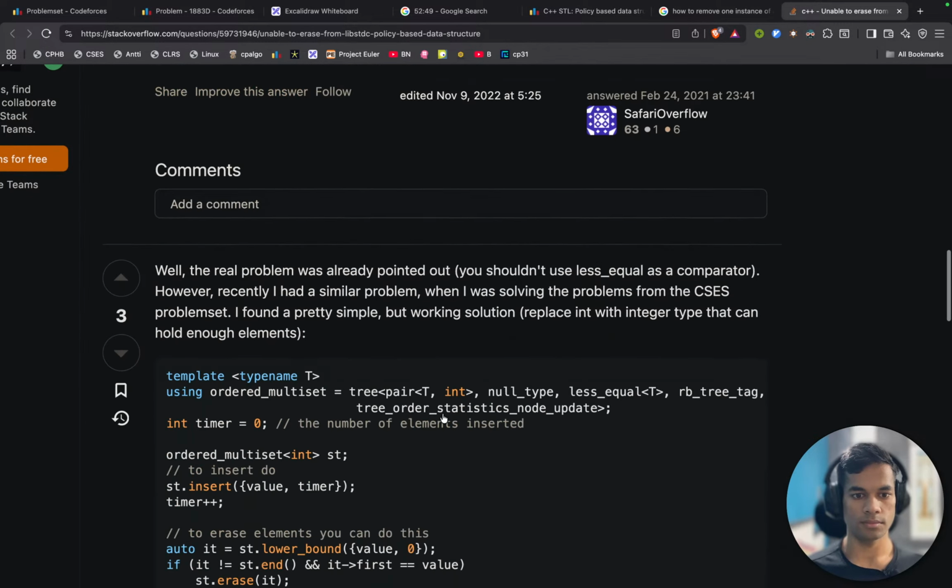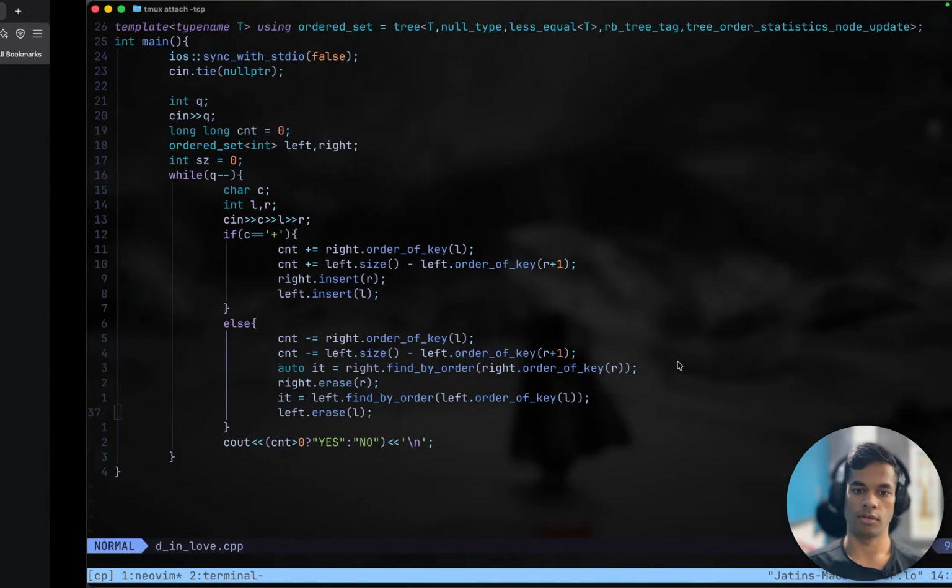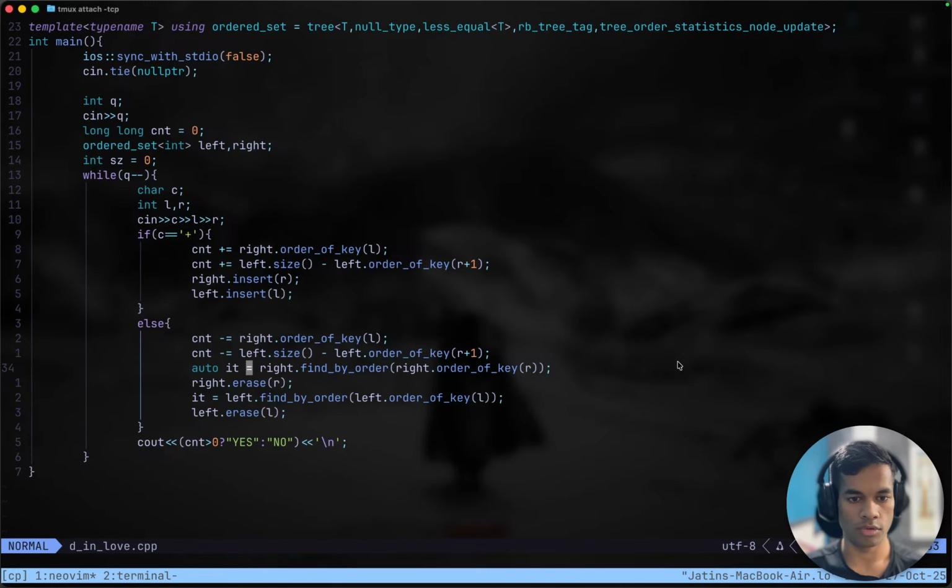To erase elements you can do this: if this thing is not equal to end and it equals value, we can use lower bound on the thing to get an iterator to that element, and then st dot erase. Value, and the second one is null. Okay, so let's use that.